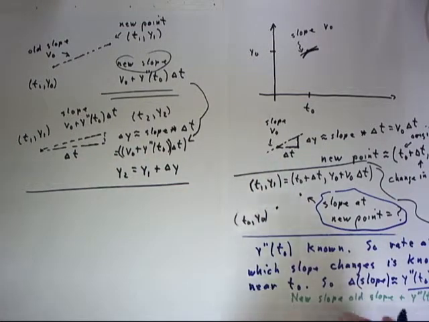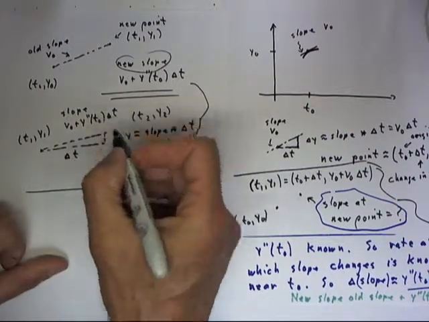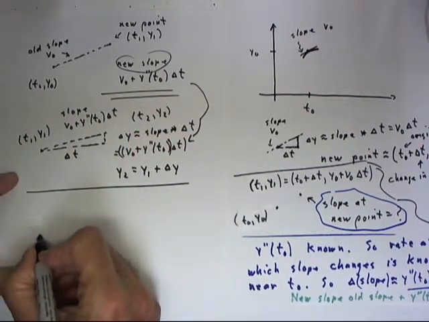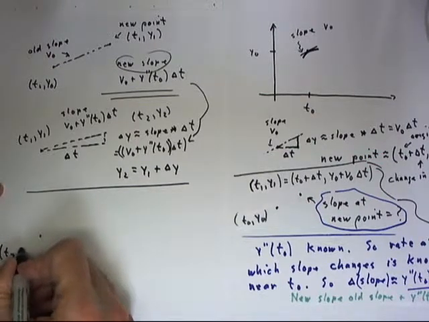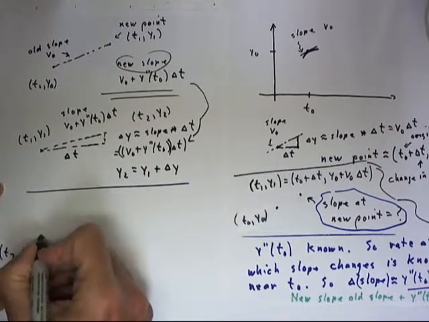Now where does this leave us? It leaves us at another point, which we can label, trying to do this in order now, t2, y2.